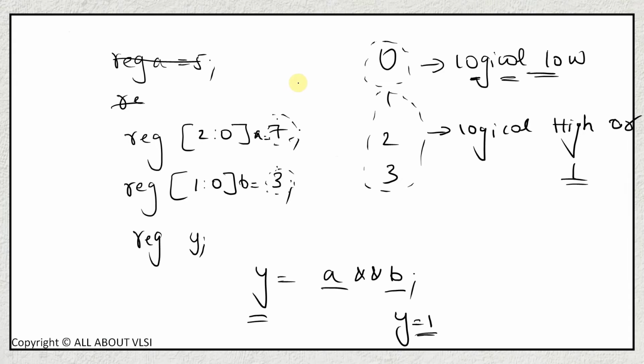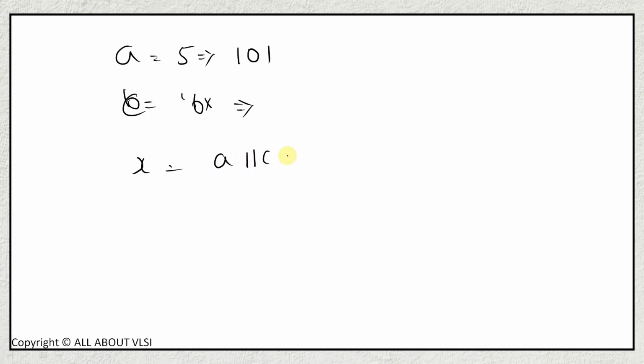Let us try to see the reason why we are getting this. We have considered the A value to be 5, that is 101, and the C value to be 1'bx. What we were expecting is that the output X, which is A logical OR with C, should be unknown, but what are we getting?